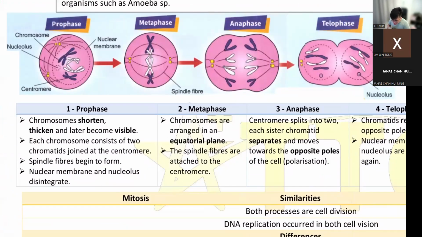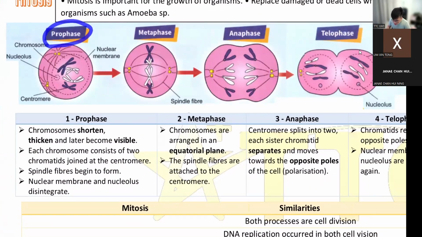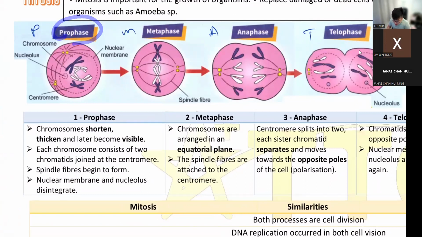We have four phases here: prophase, metaphase, anaphase, and telophase. Remember I said PMAT? Prime Minister Ada Telo. That's how I asked you to remember, one point for each. Prophase is when the chromosomes are chilling and become visible.